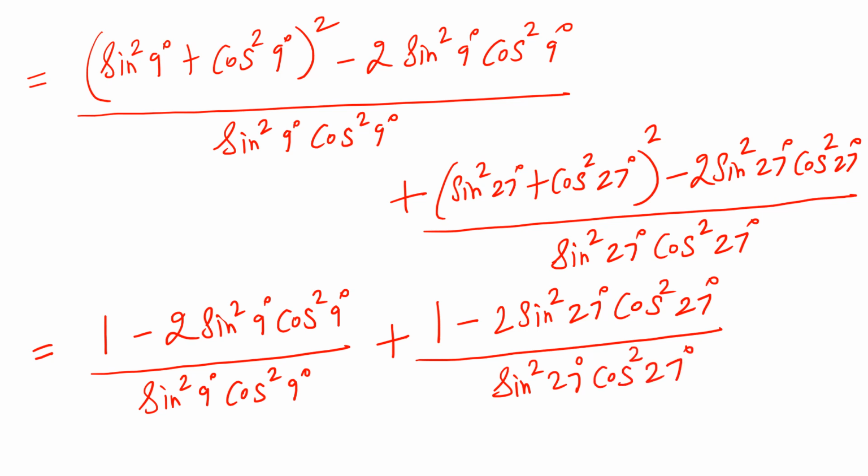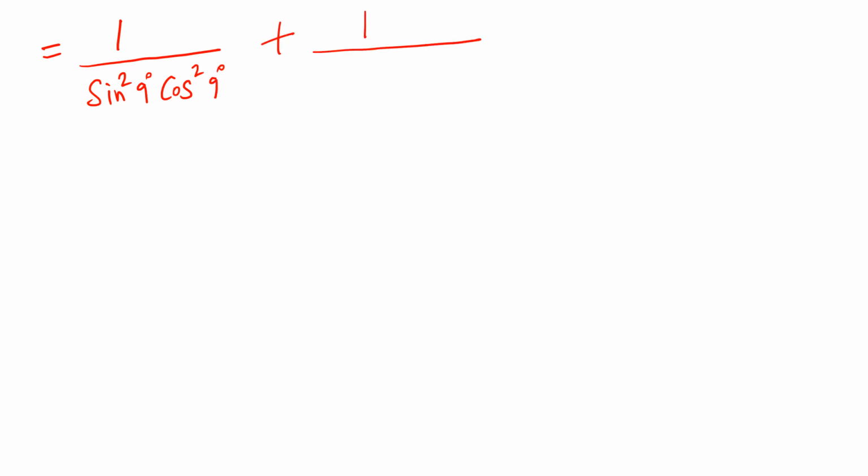Now students, we move further. Now this further becomes equal to 1 upon sine square 9 degree into cos square 9 degree plus 1 upon sine square 27 degree into cos square 27 degree minus 4.